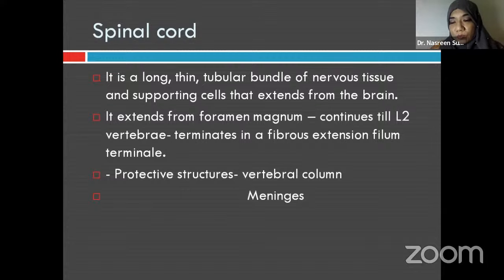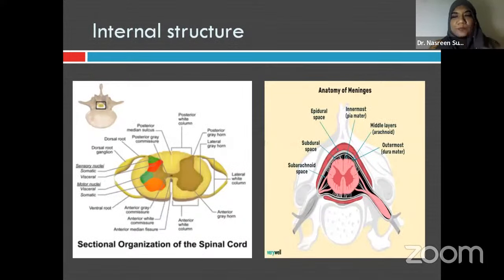So you can see here, this is the internal organization of the spinal cord, the TS of the spinal cord, where it is divided into white and gray matter. So now the one which is going to join this one, that is called commissure.